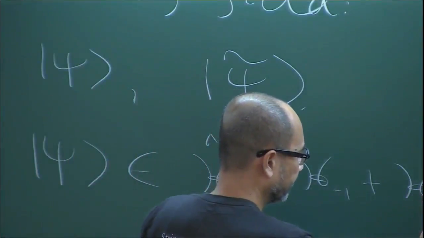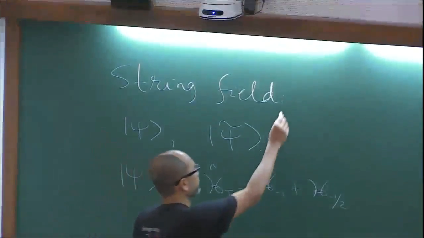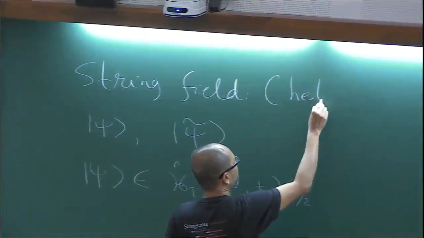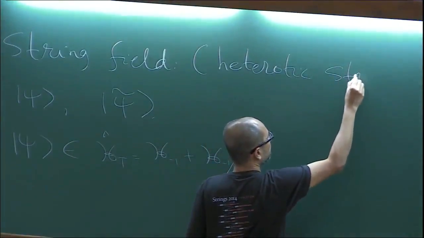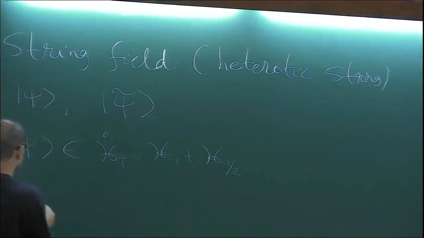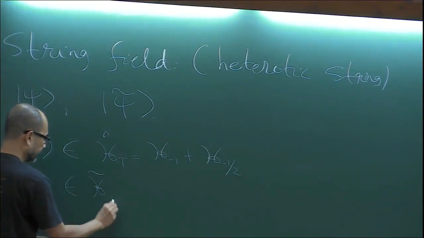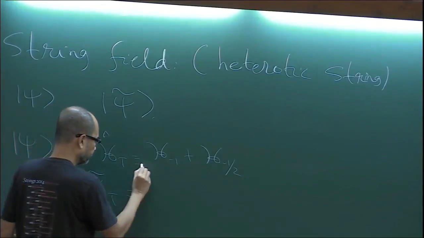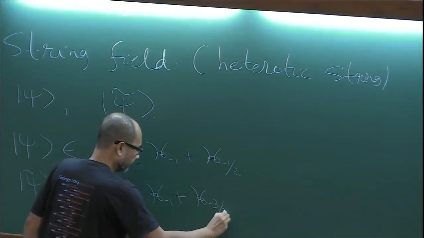I'll explain these notations again. This is in the heterotic string. Just for convenience, I'll focus on the heterotic string. Type 2 will be similar. And psi tilde belongs to H tilde T, which is H minus 1 plus H minus 3 half.